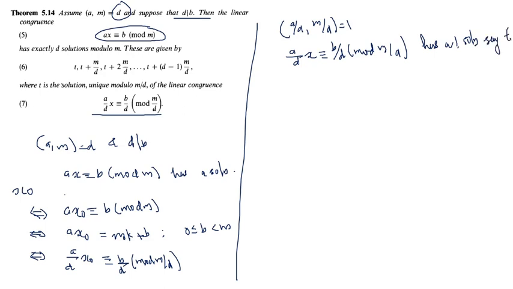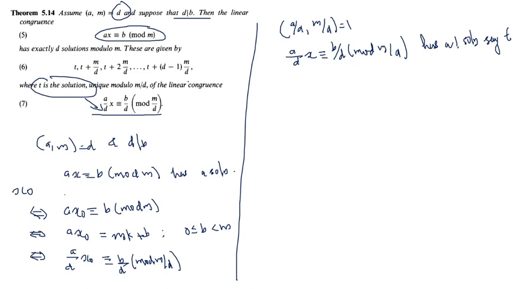So here we get that T is a unique solution of the congruence A by D x congruent to B by D mod M by D. So we take T as a solution of the congruence A by D x congruent to B by D mod M by D, and it is unique.